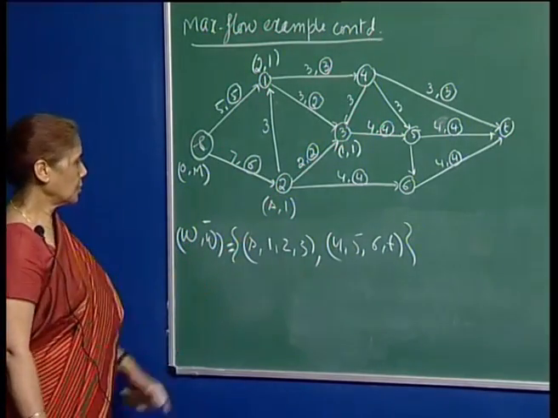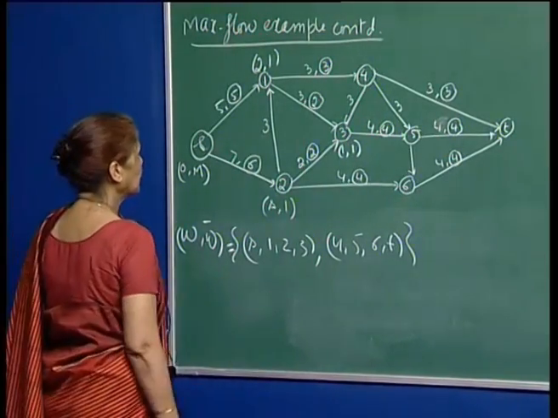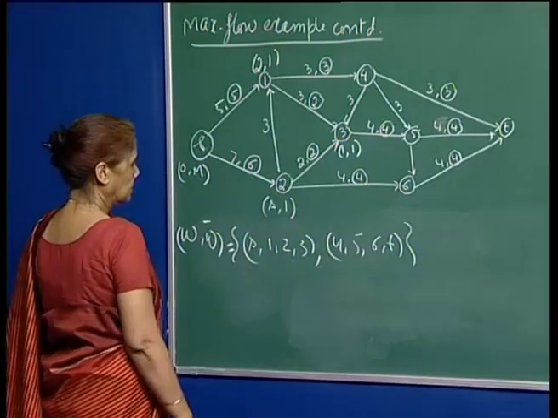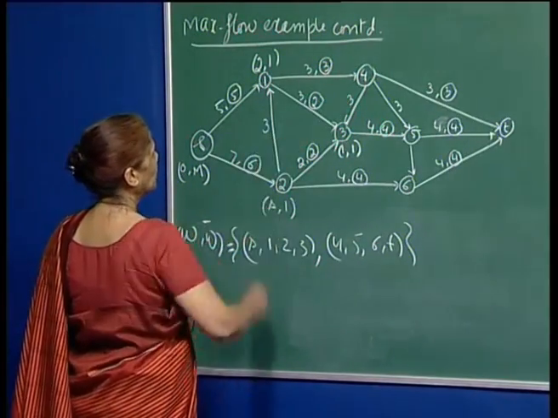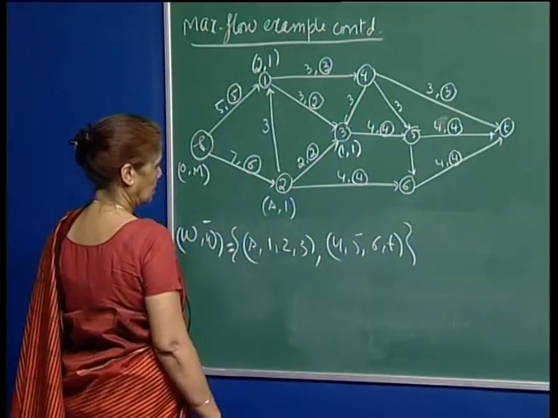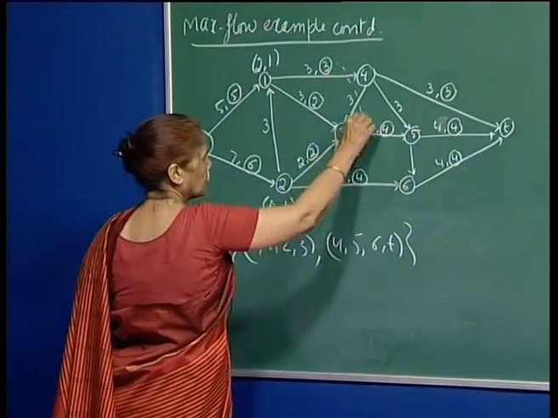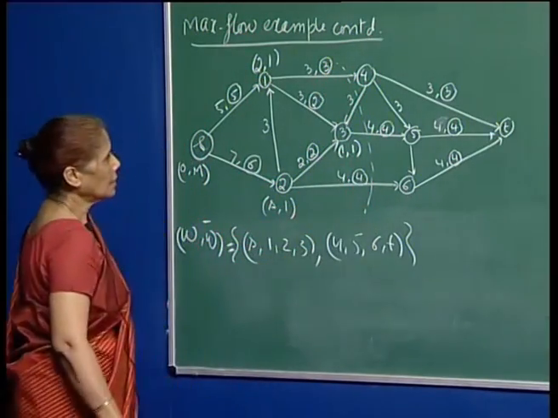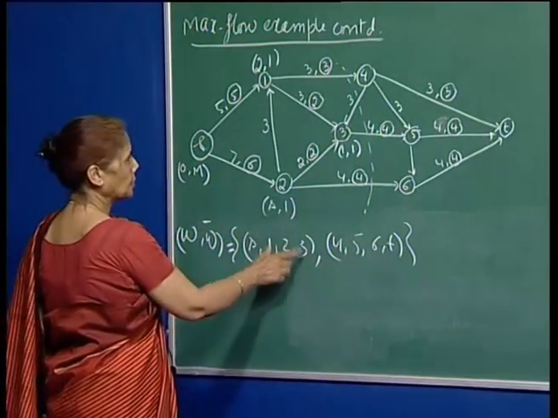Okay, so this is W bar, and now you can see what the forward arcs are. Maybe I can just show you that the cut is like this, right? 4, 5, 6, T are in W bar and S, 1, 2, 3 are in W.